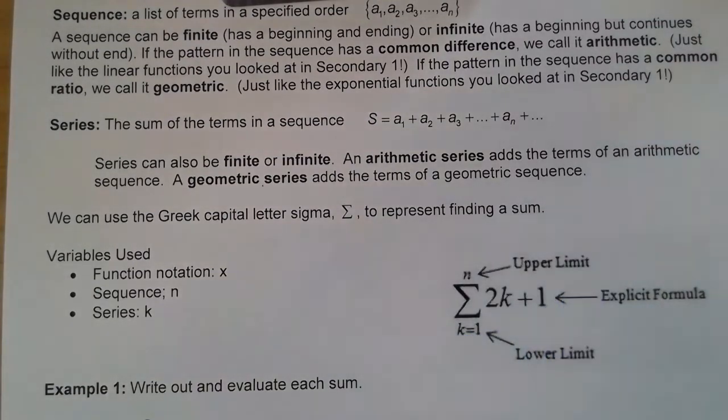Just because we have a certain sequence doesn't mean we're finding the addition of all the terms from term 1. We can start at term 3 if we want. The number on top of the sigma is our last term. It's not the value of our last term, but what term we're ending at.